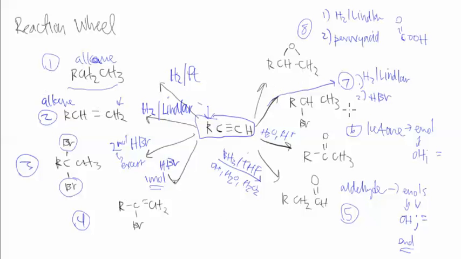So this is a reaction wheel. Expect to see one of these on the test. This example has left out maybe some extras that I could have done. So we could have seen R, and we could have seen C, and we could have had a bromo here, and a bromo there, and a bromo here, and a bromo there. And what kind of general reagents would I need to see 4 bromos onto the molecule?